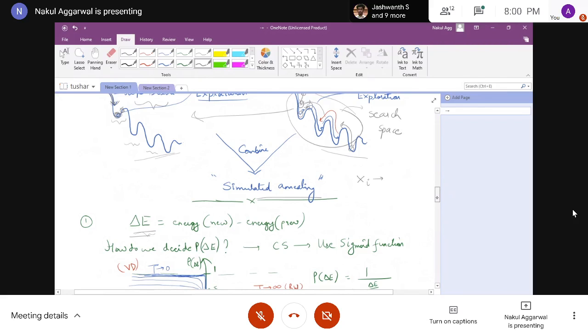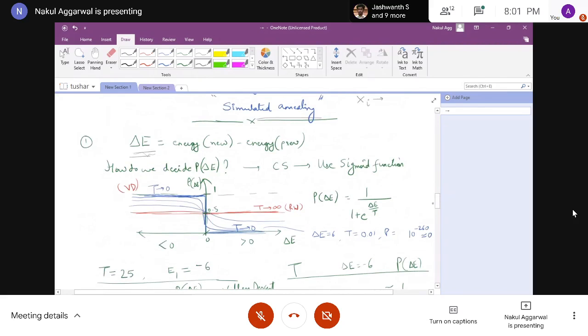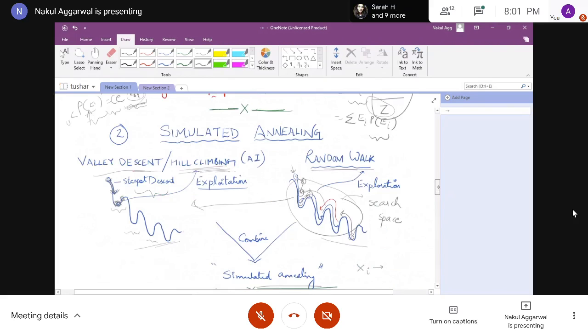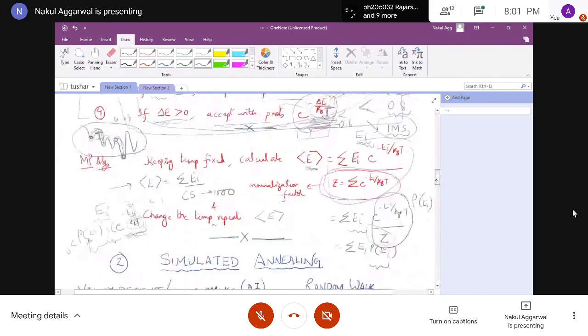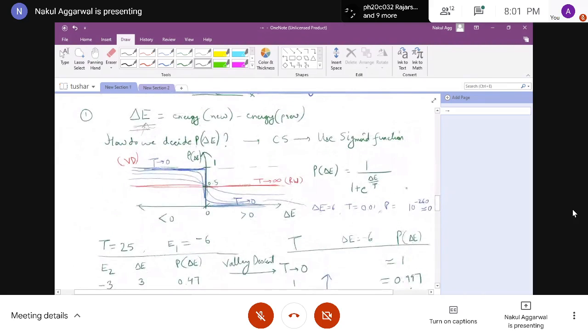Now, like I said, we do not want to reject our bad states. So we need to come up with a probability distribution function, which is dependent on delta E. And you'll see it's also dependent on temperature T as it was in this algorithm as well. So computer scientists basically use a sigmoid function. It's very popularly used.